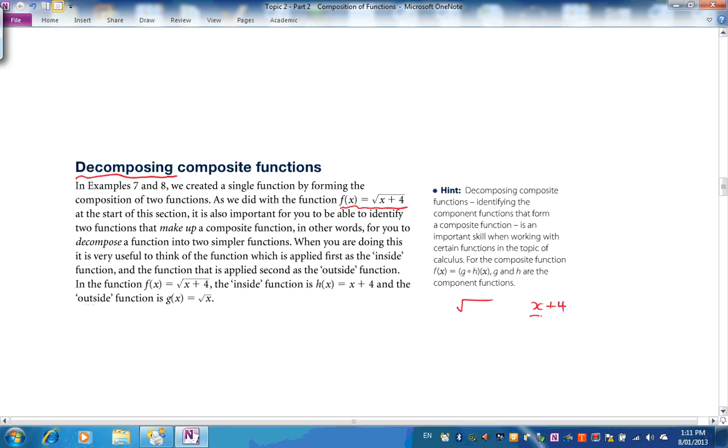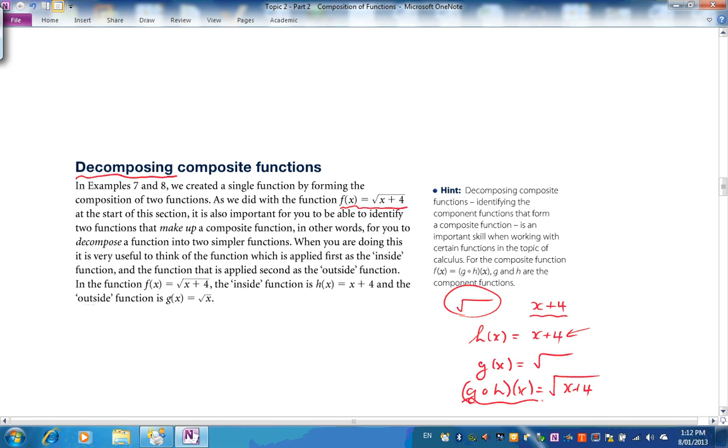Now the x plus 4 was done first, so let's call h of x equal to x plus 4, and then g of x would be the square root function. So if we had g operated on h of x, that would be the square root of the result of h done first.